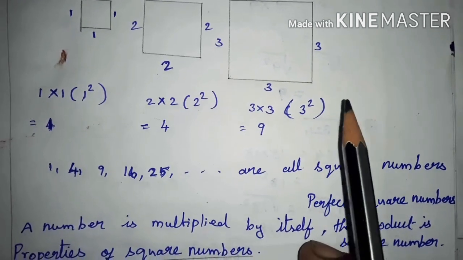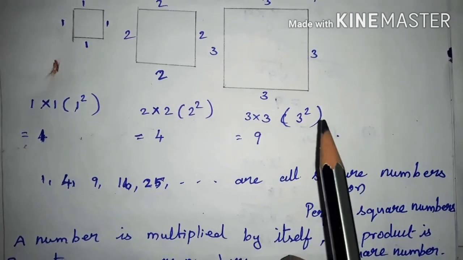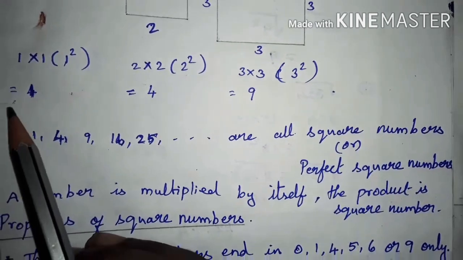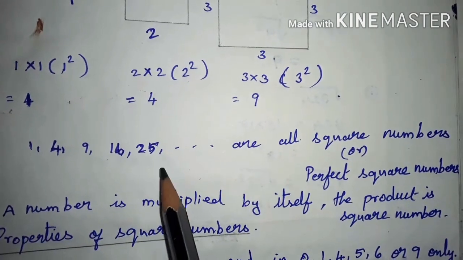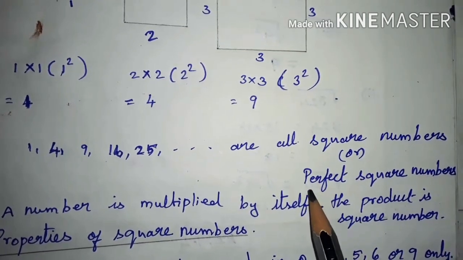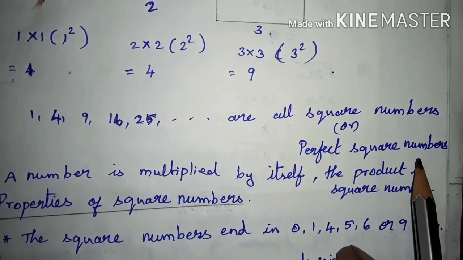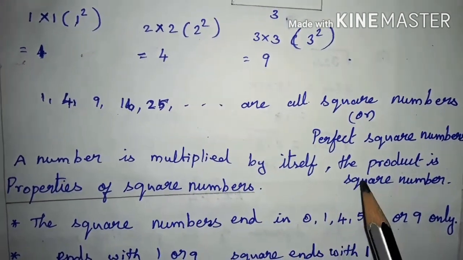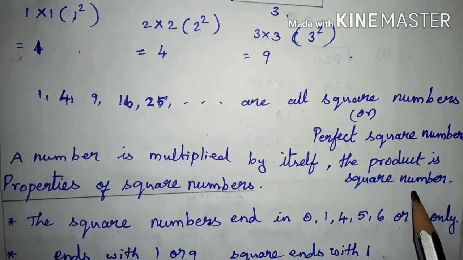Similarly, 4 into 4 gives 16, and 5 into 5 gives 25. These product numbers, that is 1, 4, 9, 16, 25, are all square numbers, or we call them perfect square numbers. That is, when a number is multiplied by itself, the product is a square number.